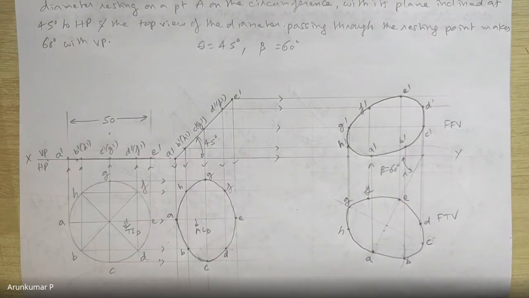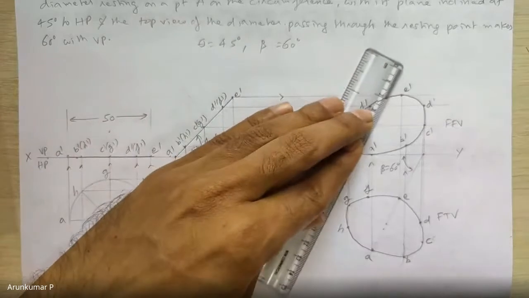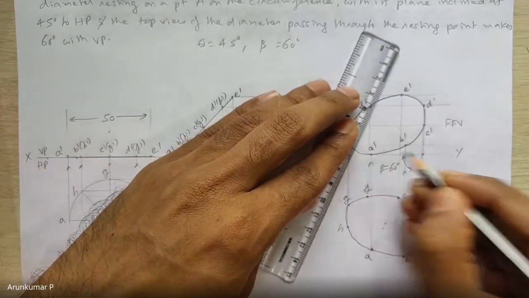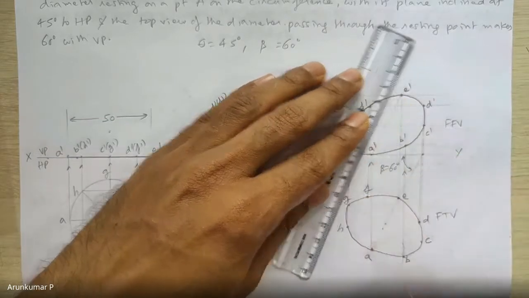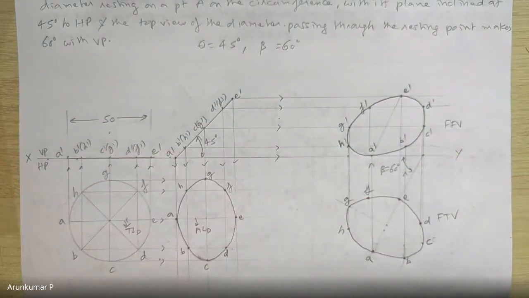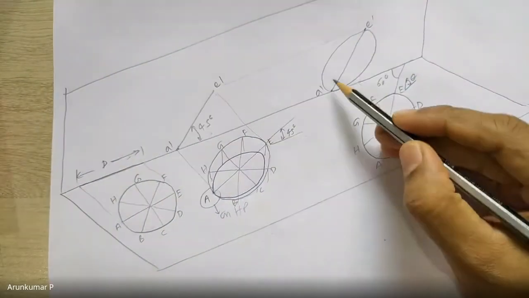And if you see, if you want, you can just check it also. We had joined A dash and E dash. It was a line slightly inclined to the right in the 3D. And this is what you find here.